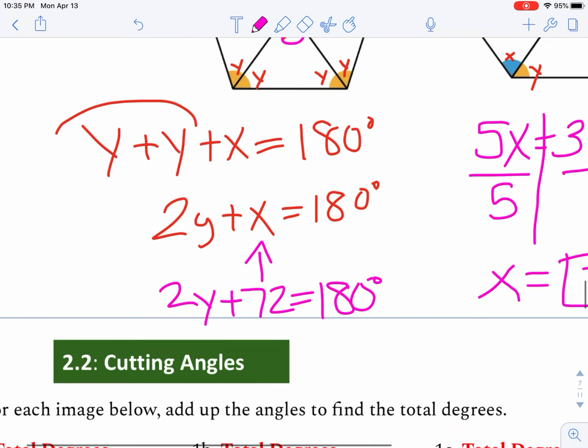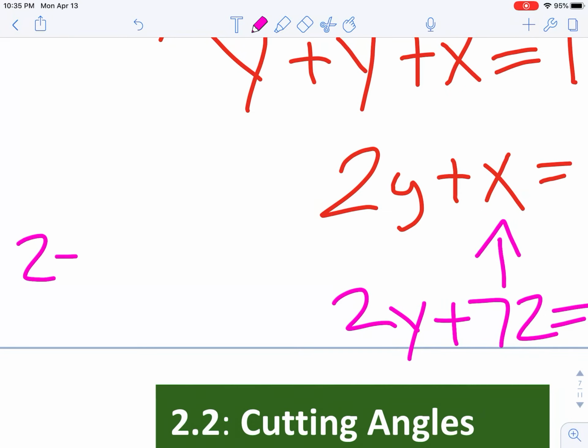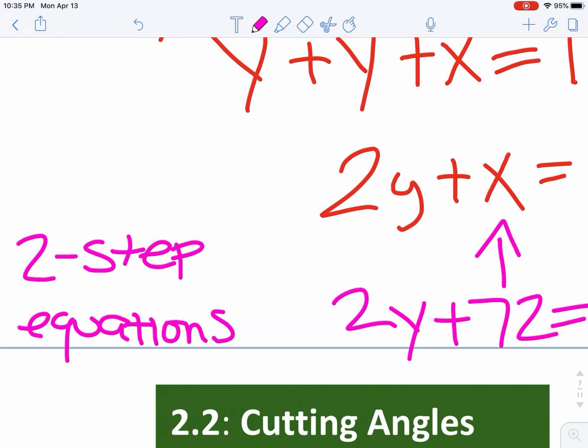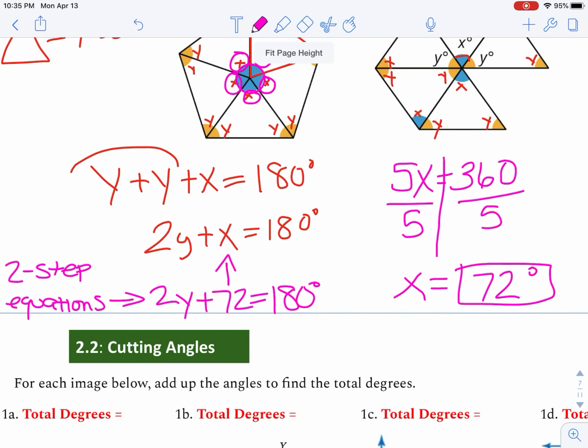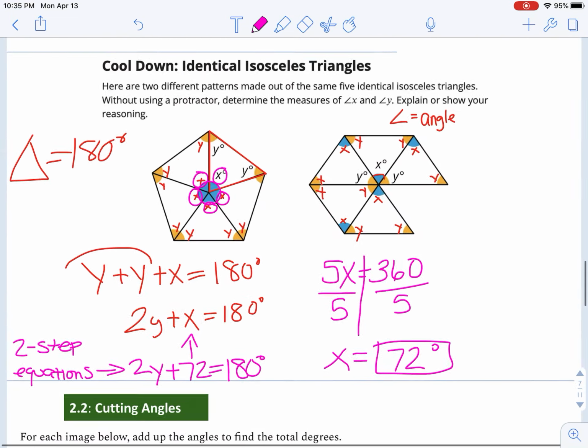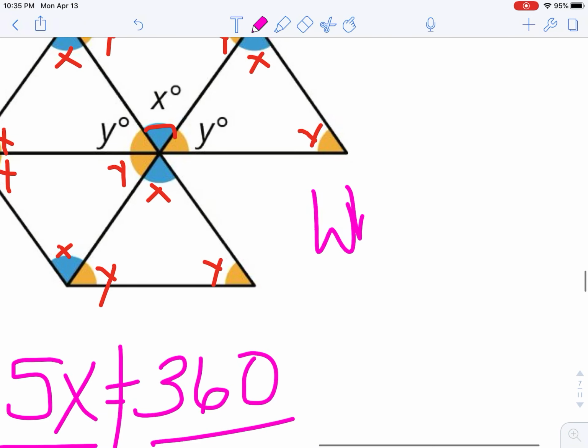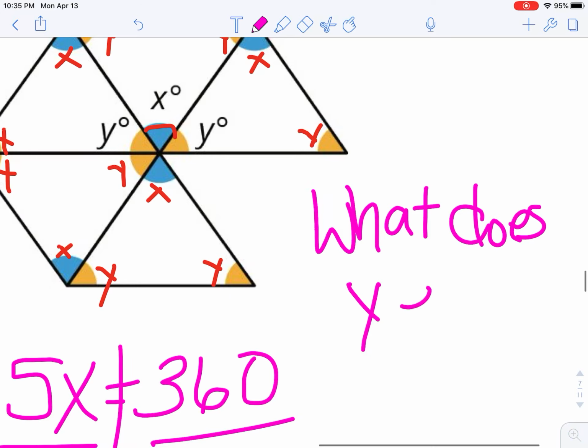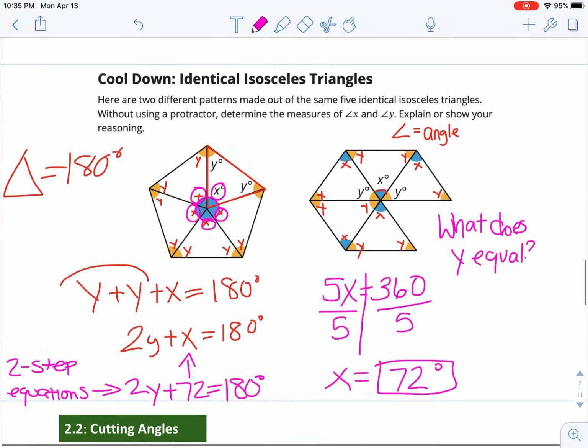And this right here, guys, is review from two-step equations. What we're supposed to do is figure out what Y equals. If you have any questions, Google Classroom, email, come to the office hours. Sorry for the errors.